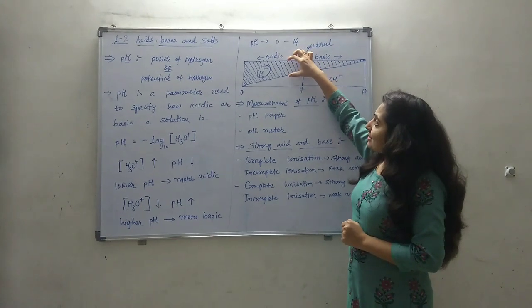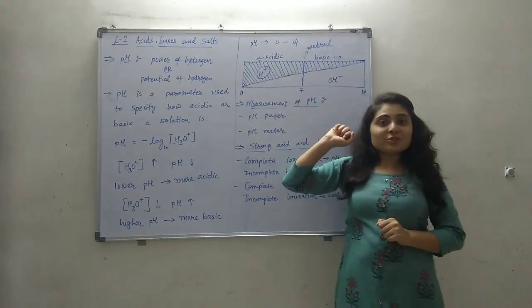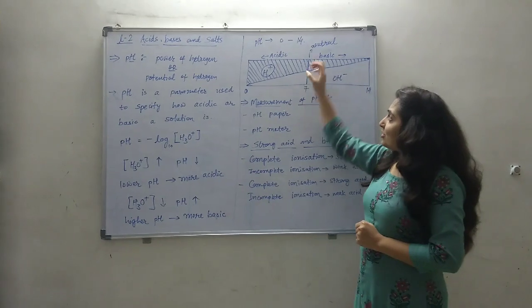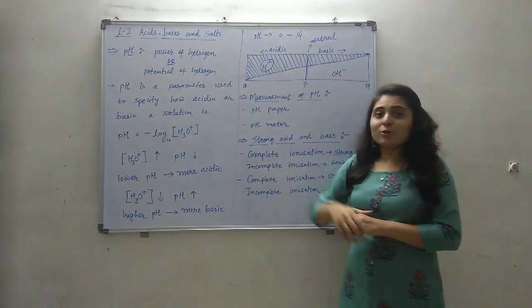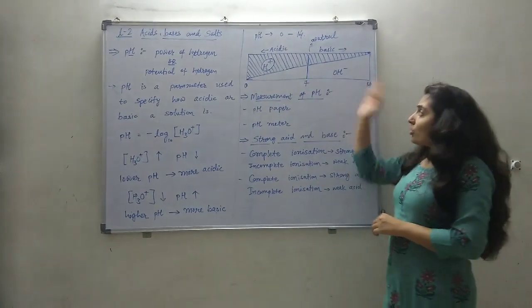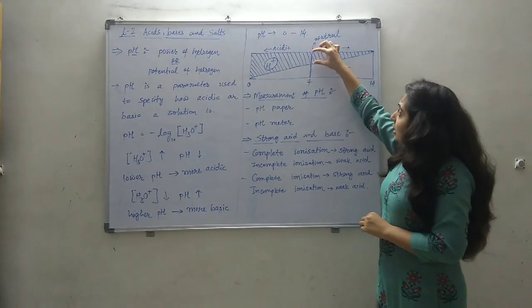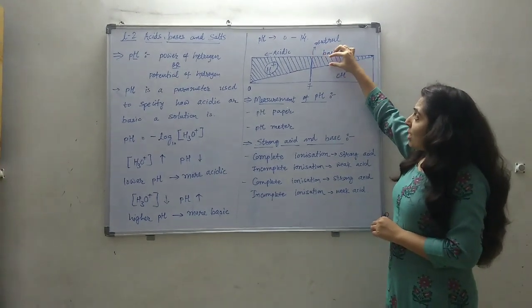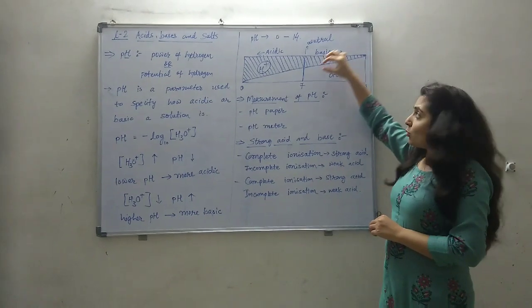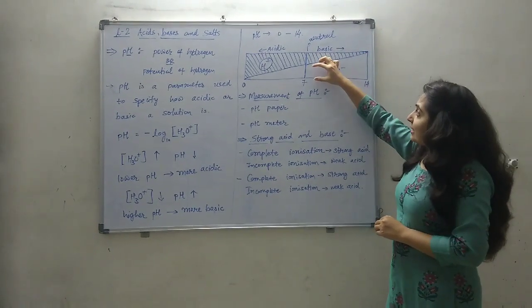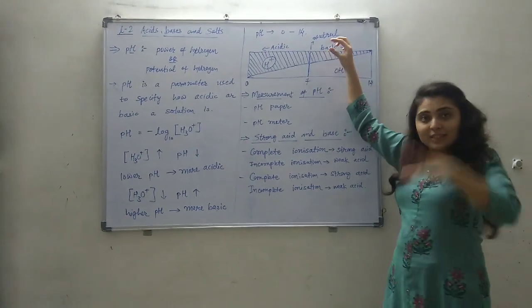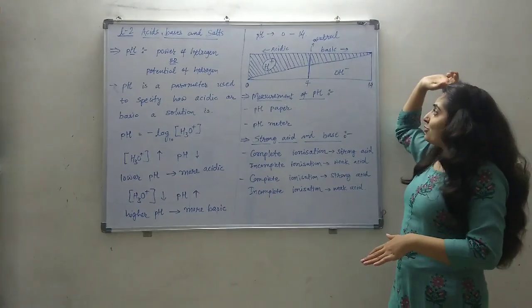That means the concentration of H+ increases for lower values of pH. For more than 7, the H+ amount decreases, so the pH value increases, and if H+ decreases, OH- increases.